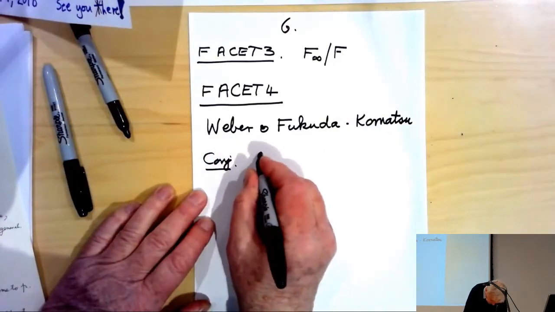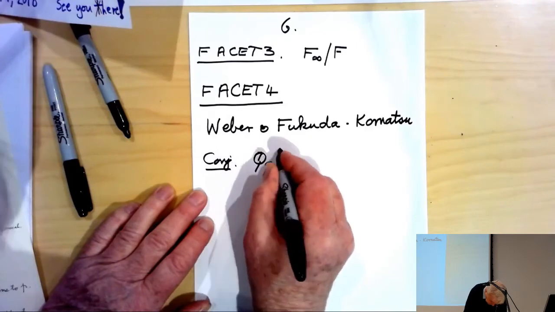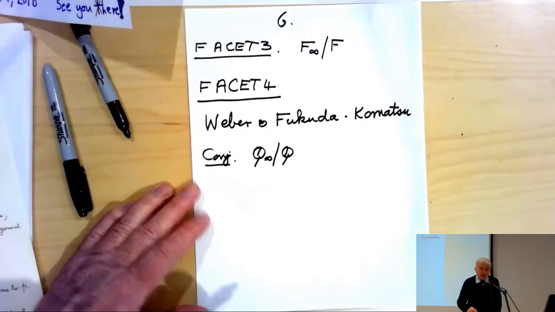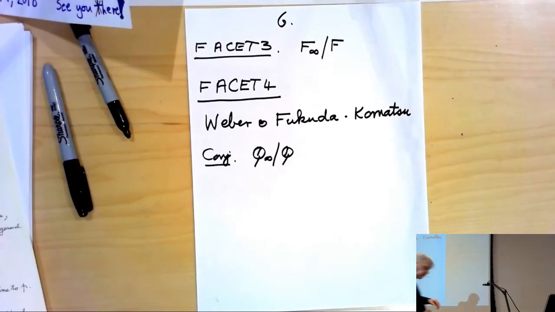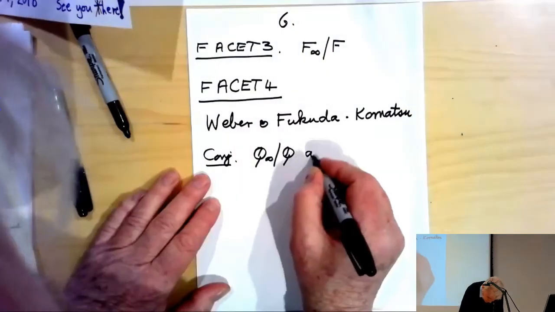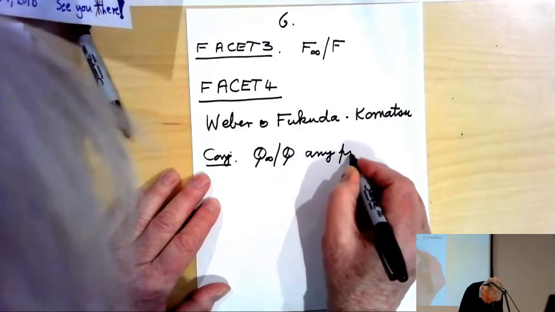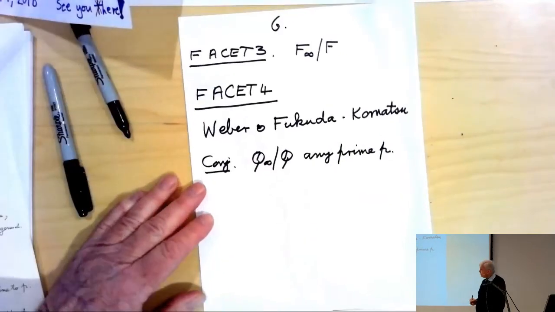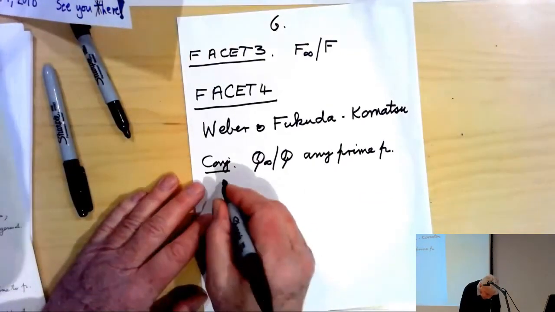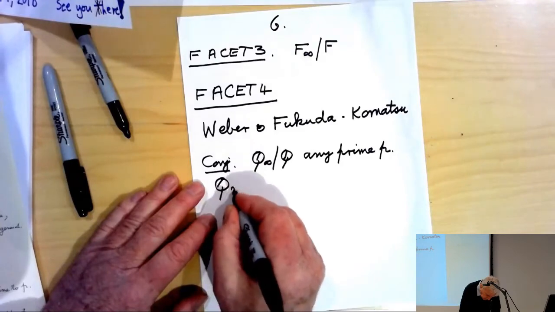So let's let Q_infinity over Q. It turns out Q, out of class field theory, has only one Z_p extension, the subfield of the field of p-power roots of unity. And so you can now look at the finite layers of this Z_p extension, for any prime p. Let me write Q_n for the nth layer.